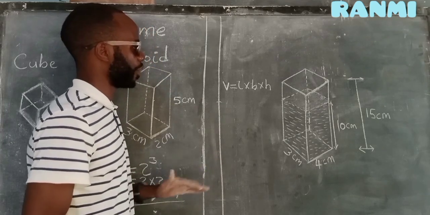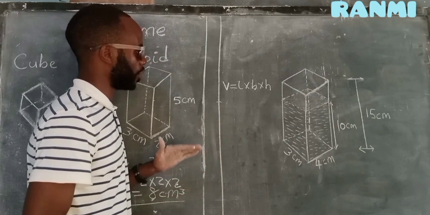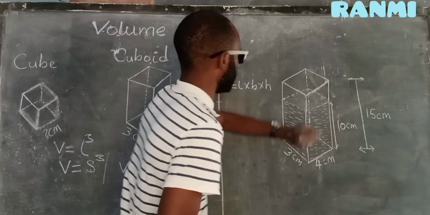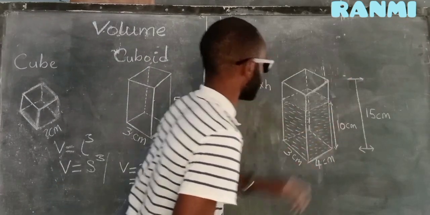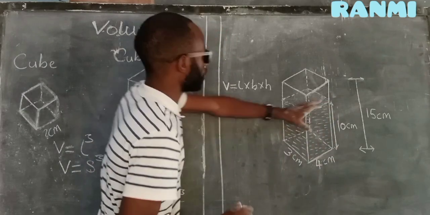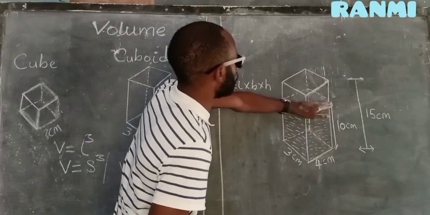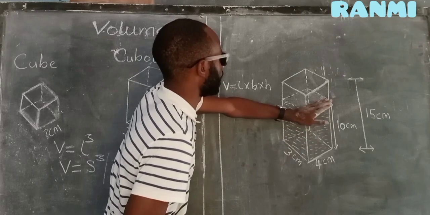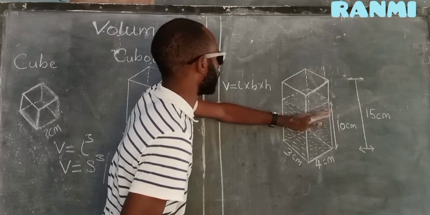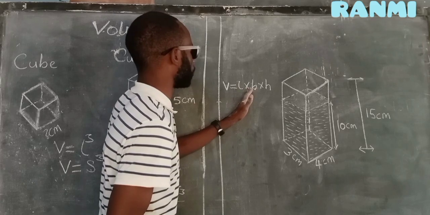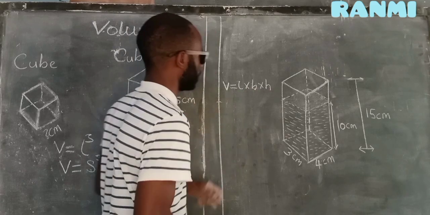So we have to be very careful which height we are going to choose. We have 10 centimeters here and 15 centimeters. We are going to use 10 centimeters because the liquid goes up to 10 centimeters. And this liquid is taking up the shape of the cuboid. So this formula can work. Volume is equal to length times breadth times height.